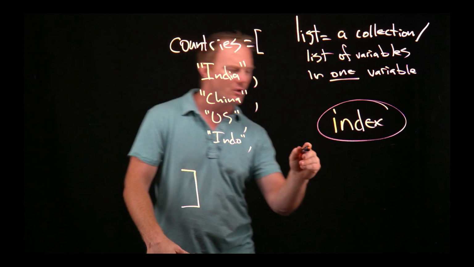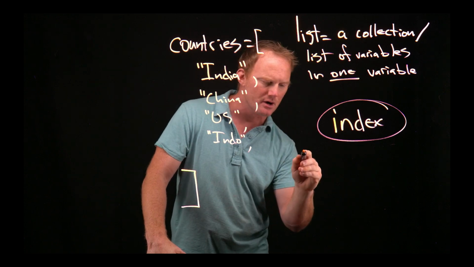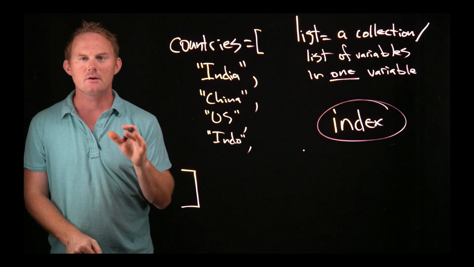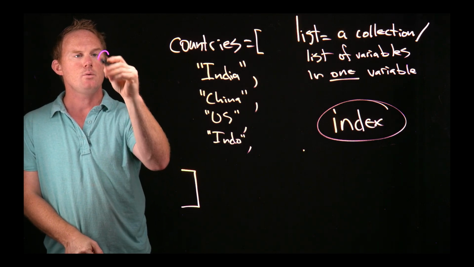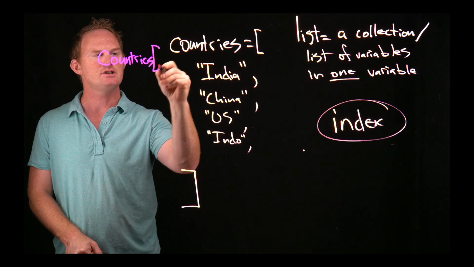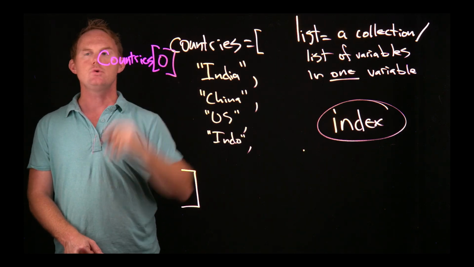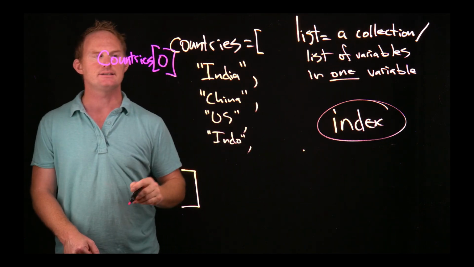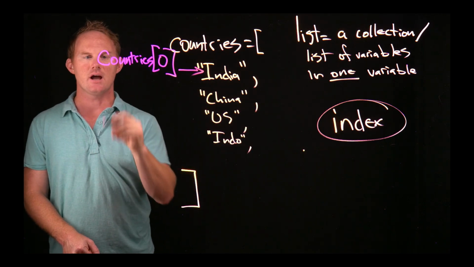What do I mean? Well, in order to access India here, let's do it over here actually. Get a different color here. We would do countries, and then using that exact same notation, those brackets, you would go to element 0, right? Number 0, index 0 is India, okay?